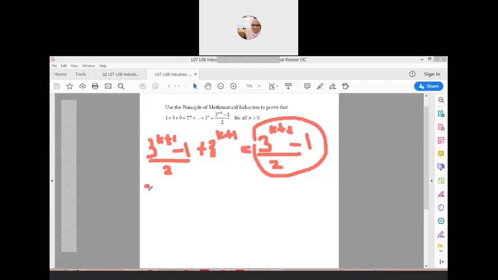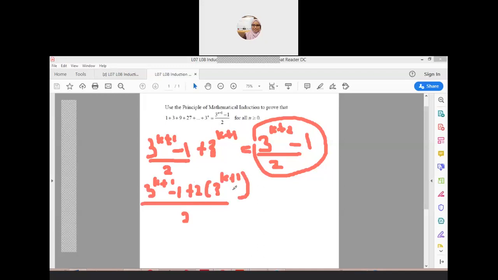Okay, so now samakan dia punya pecahan kat bawah tu. Jadi 3k campur 1, 3k campur 1 tolak 1. Bila kita samakan pembawah dia 2, jadi yang atas ni akan jadi tambah 2 kali 3k tambah 1. Okey, just darabkan 2 sebab kita nak bagi pecahan ni semua pembawah dia sama juga dengan 2.